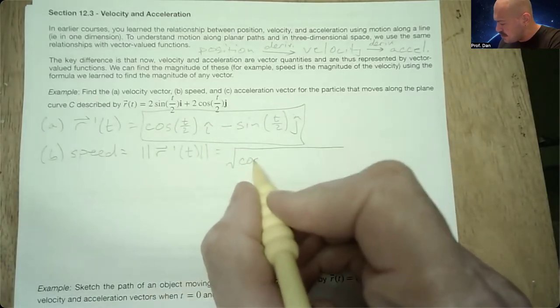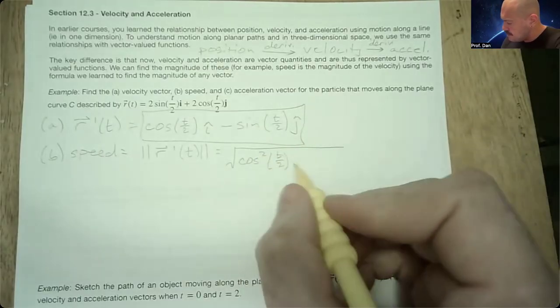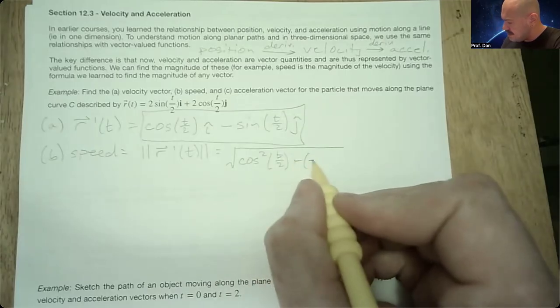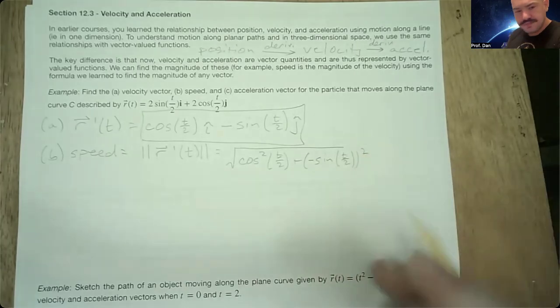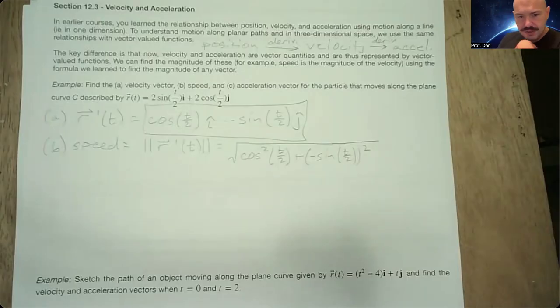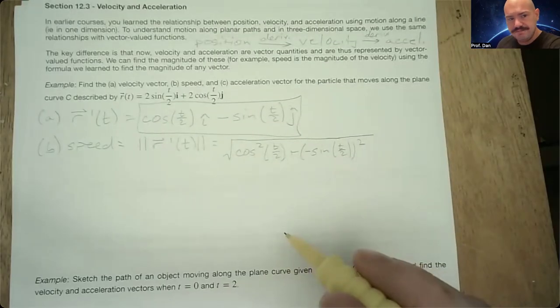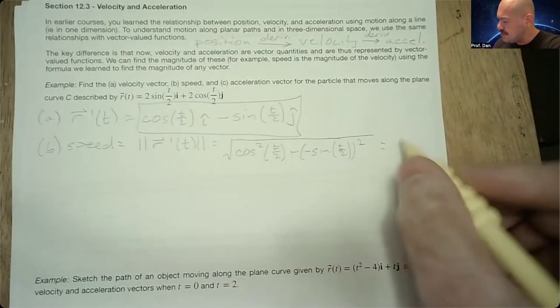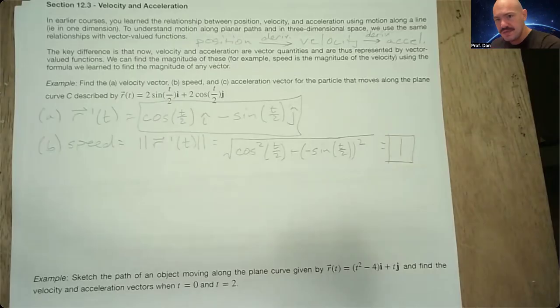So that's going to be cosine squared of t over 2 plus negative sine of t over 2, all of that squared. And we end up getting cosine squared t over 2 plus sine squared t over 2. So we have the same argument. We have sine squared plus cosine squared. We know that that's going to be 1. So the speed of this particle is constant and has a value of 1.